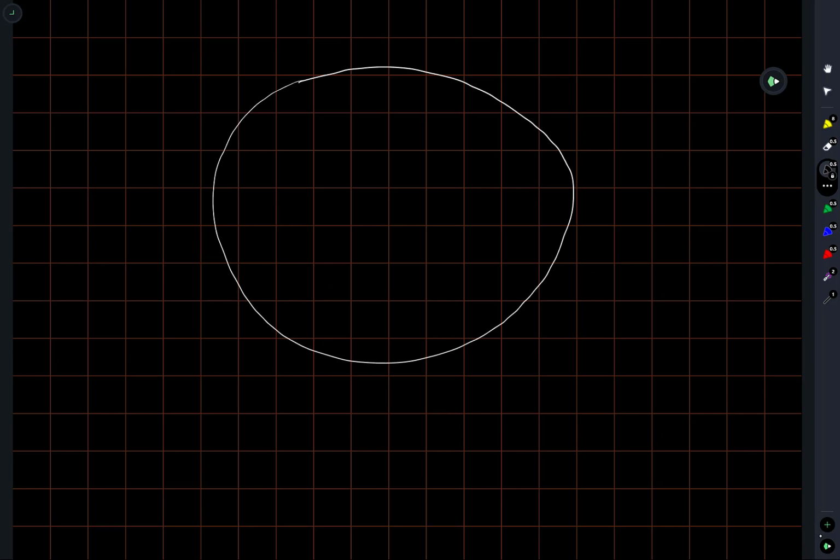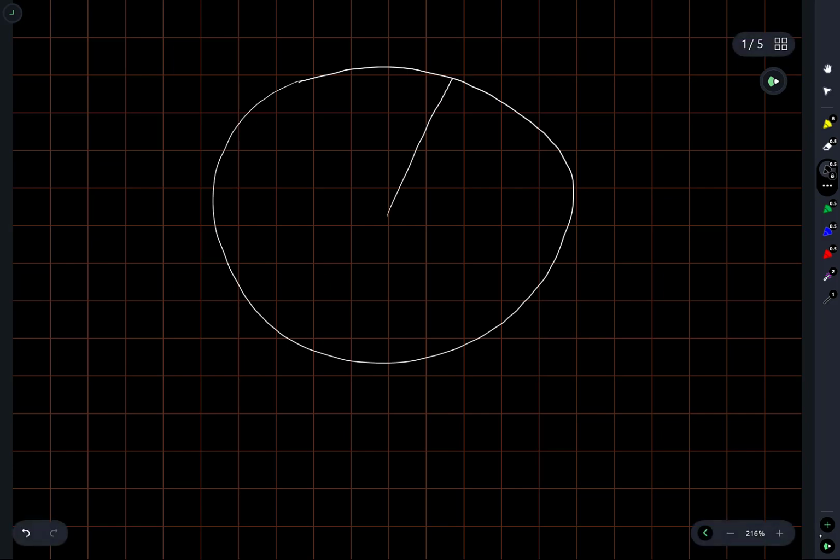is, if we have an n-sided regular polygon, then that can be decomposed into n equivalent, or congruent, triangles.